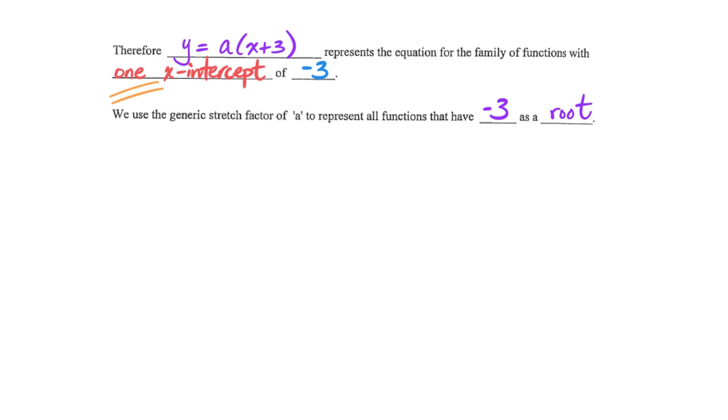No. If it has x-intercepts at negative 3 and then a bunch of other x-intercepts, it is not part of this family. It can only have one x-intercept. And so we can use a very generic stretch factor of a to represent all of the functions with one x-intercept at negative 3. So that purple equation that you see up top would be the equation for the family.